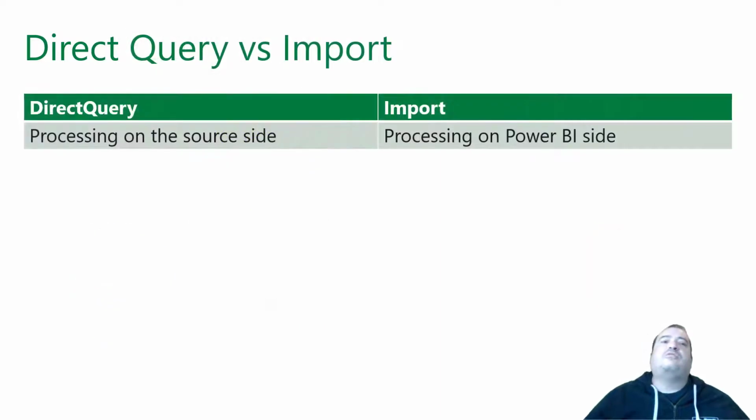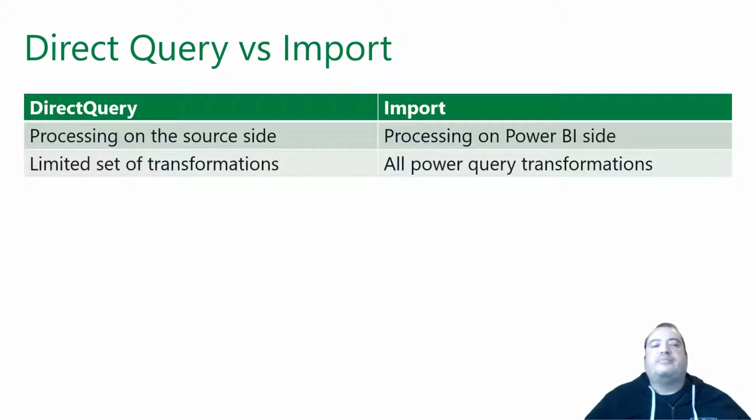But this is not the only difference. Let's talk a bit more about the difference between DirectQuery and import. DirectQuery processes on the source side, the import mode processes on the Power BI side. And DirectQuery offers a limited set of transformations. Why? Because it's limited by the language of the source.